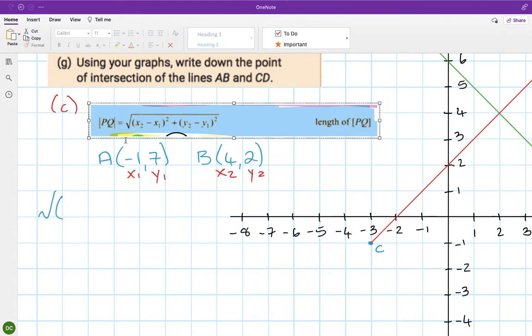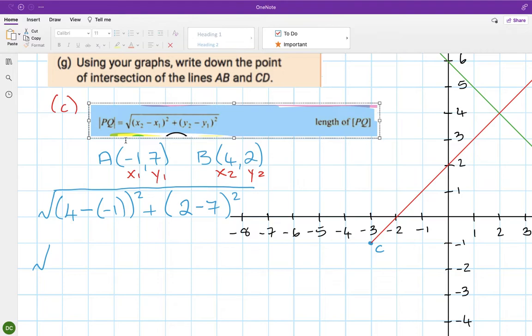Square root bracket. X2 is 4. There's a minus in the formula, so write it down. X1 is -1. Then squared, then plus, then bracket, just copying the formula. Y2 is 2. There is a minus in the formula, and then Y1 is 7, close bracket, squared.